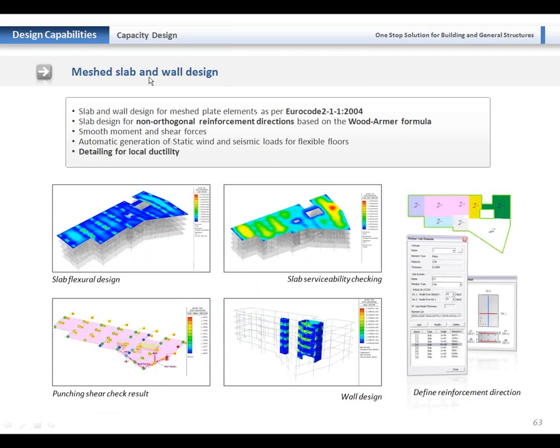For the meshed slab and wall design, the Wood-Armer formula has been implemented, and we can consider the skewed reinforcement for the irregular shape of the slabs. We can check the flexure design and serviceability checking, punching shear check, and wall designs.